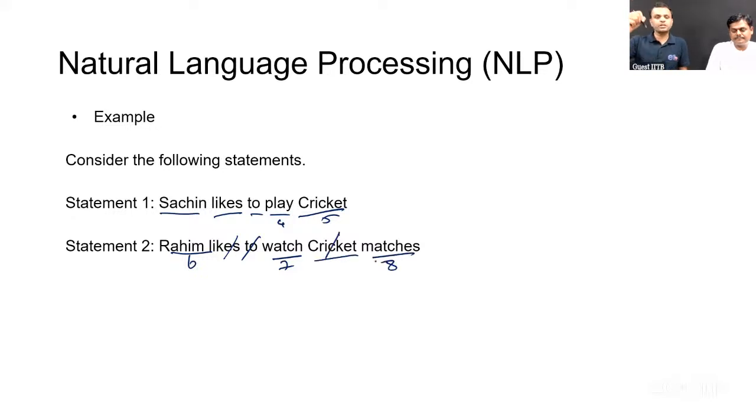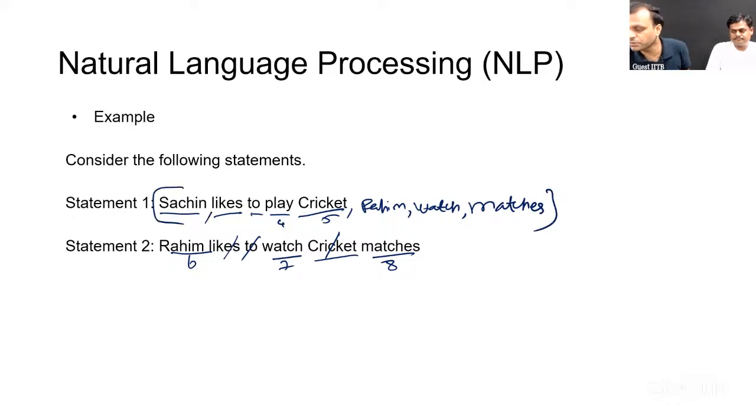So if you look at the document vector, it will be like Sachin, comma, likes, comma, to, comma, cricket, comma, Rahim, comma, watch, comma, matches. If needed, we could remove the stop words. If we need it, we can remove the stop words.